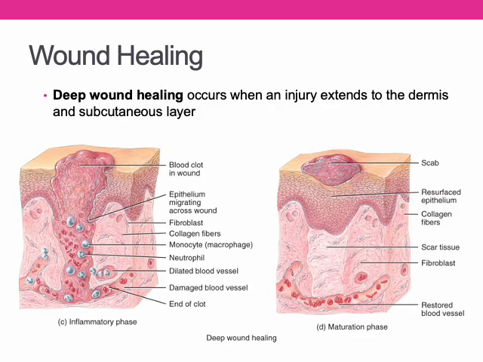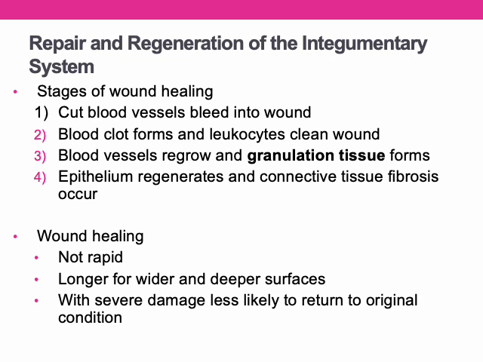In comparison, the deep wound healing, on the other hand, takes a lot longer because the damage is not just in the epidermis, but it extends to the dermis and in some cases into the hypodermis.